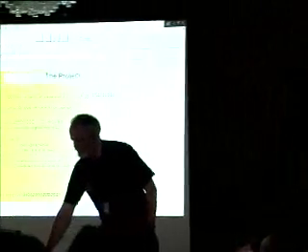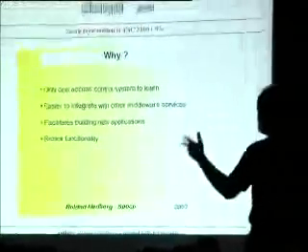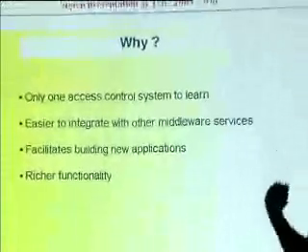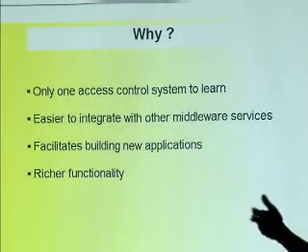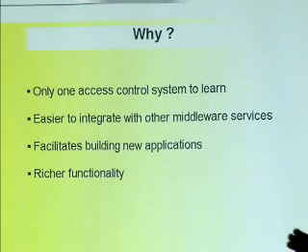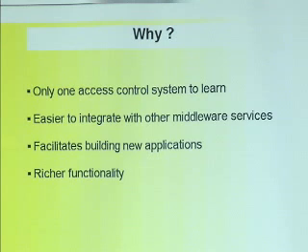That's really the hard part. So, this is just repeating what other presentations already said. Why would we want to do anything like that? Why would we standardize on the middleware components? If you have standardized middleware components, you only have to learn one of them. You don't have to learn every access control system, where there's a new one for every application that you're using.